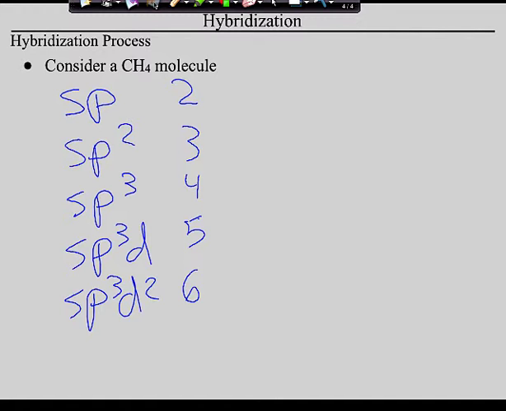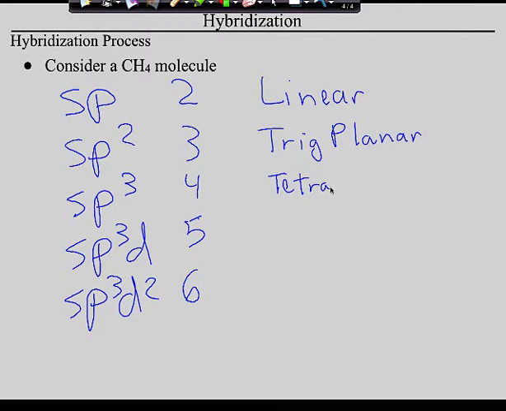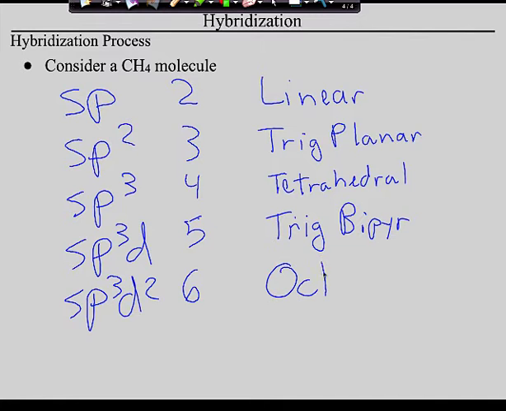Trigonal planar. And here we can even write these down over here. This is linear. Anything that has 3 domains is trigonal planar. Anything with 4 domains is tetrahedral. Anything with 5 domains is trigonal bipyramidal. And then anything with 6 domains is octahedral.